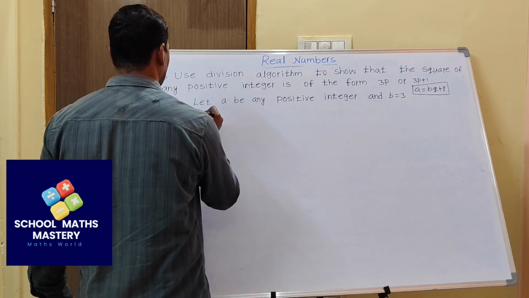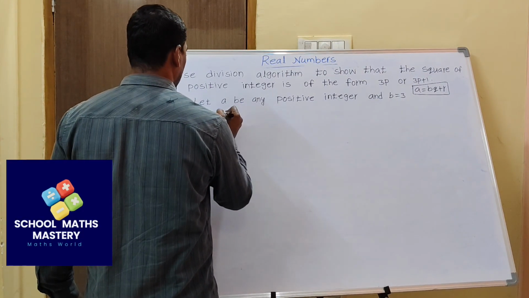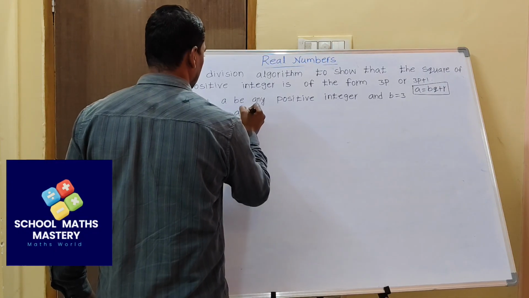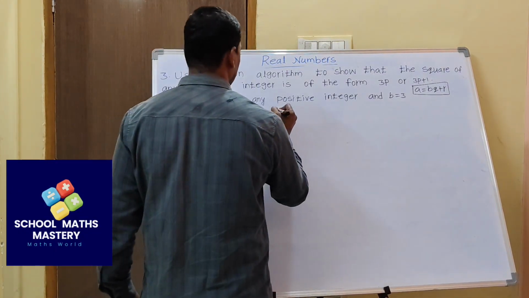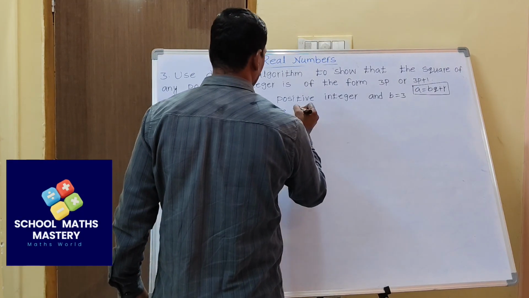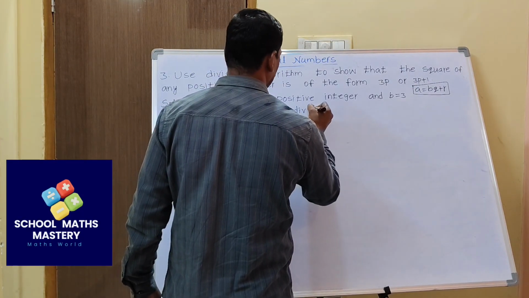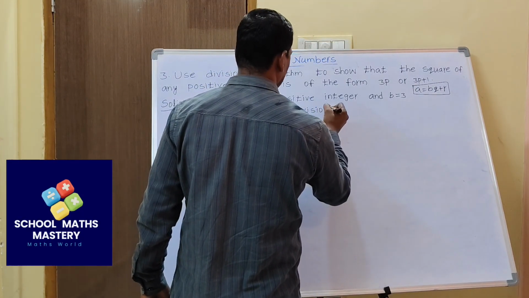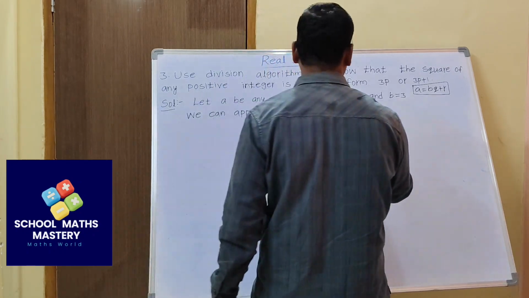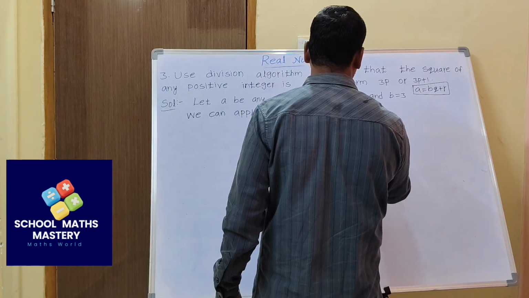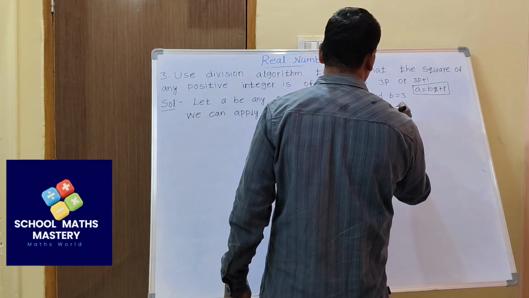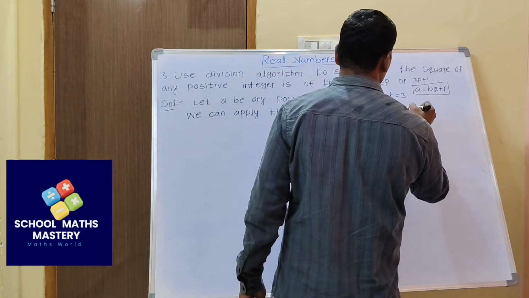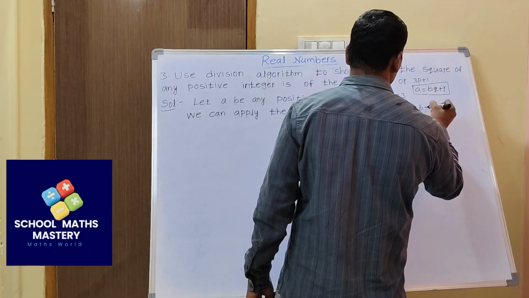We can apply the division algorithm to a and b equal 3.